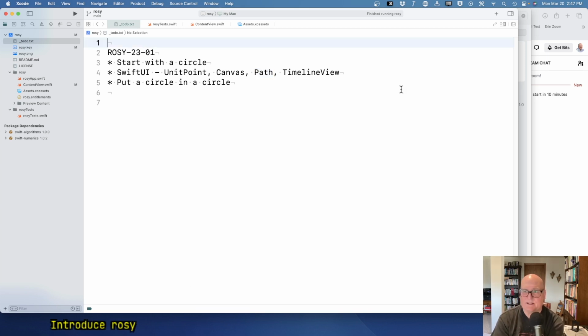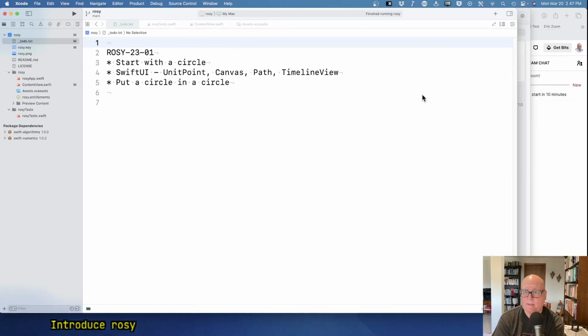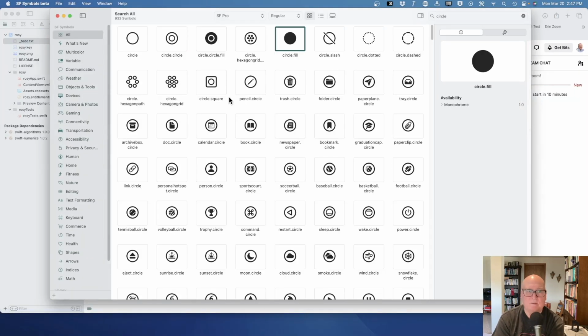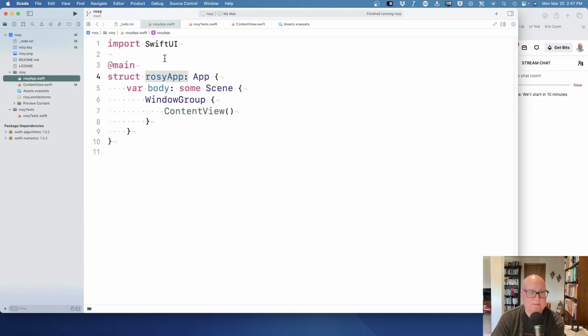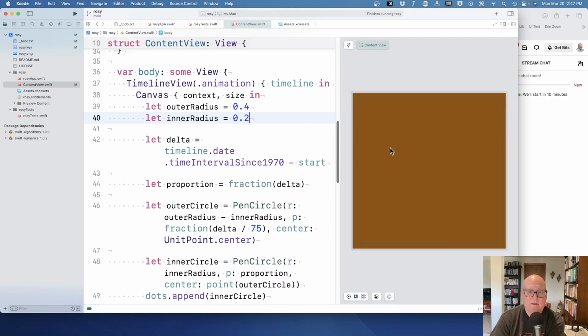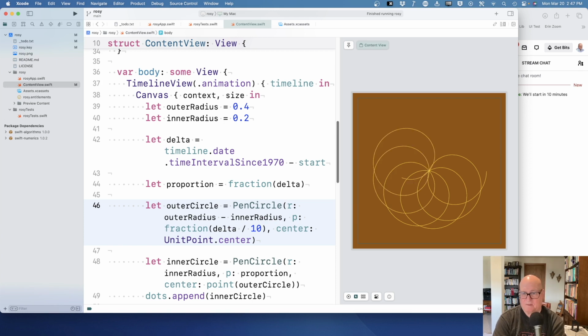What should be next? Well, I think you could easily add sliders for these things so that you redraw them, and that would be something.